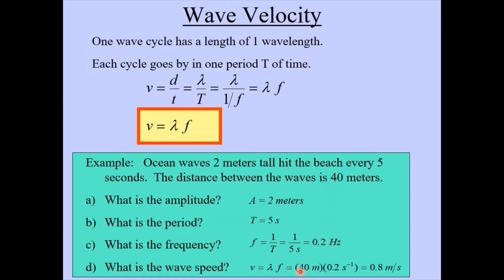And our frequency, we just got that up here, is 0.2. And so 40 times 0.2 turns out to be, this is a typo here, that should be 8. I'll cover up the 0 point. It should be 8 meters per second is the speed of our wave.